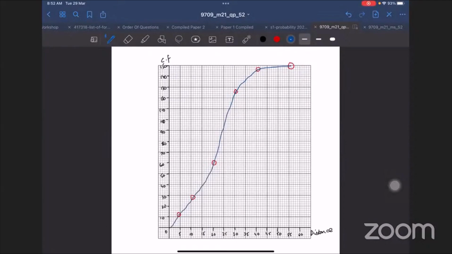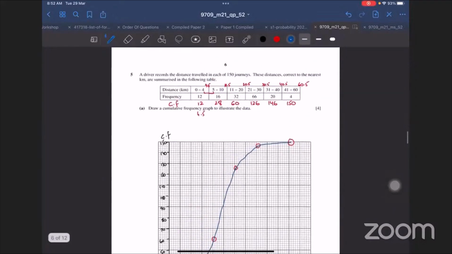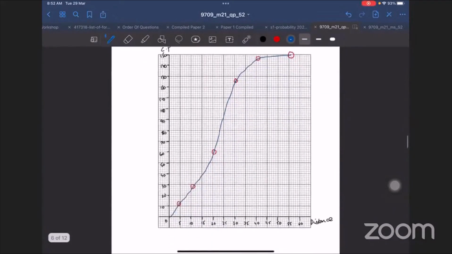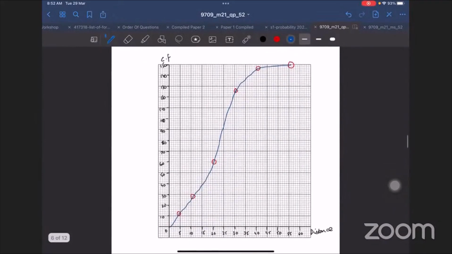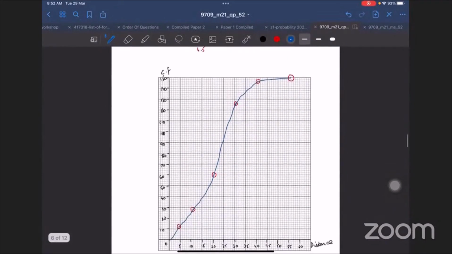Okay, this is as smooth as possible. Just need to make sure I've plotted the points correctly.